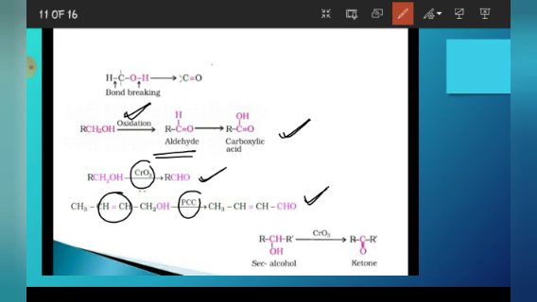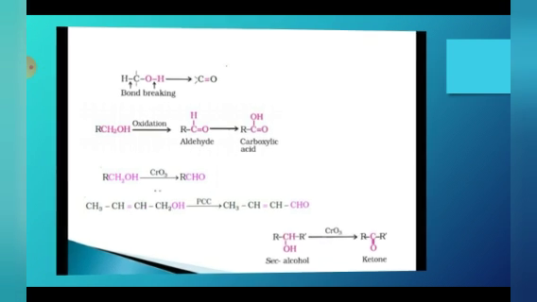Now this is a 2 degree alcohol, and we are taking CrO3, which I told you is known as chromic anhydride. In case of 2 degree alcohol, ketones are formed, and further oxidation is very difficult and takes place in very vigorous conditions.